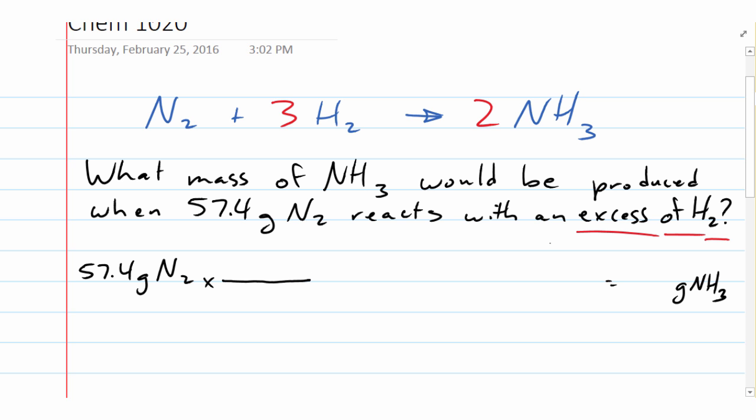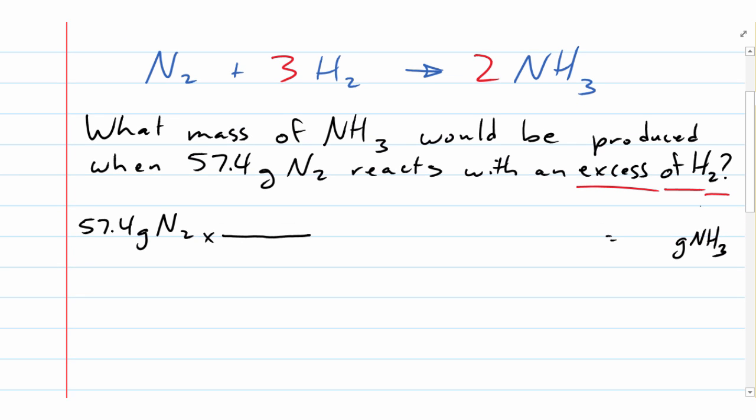Then we remember what these coefficients stand for in this balanced chemical equation. These coefficients stand for moles. But this here is in grams. So that means we need to first convert our grams into units of moles. To convert from grams to moles, we need to use a conversion called a molar mass.